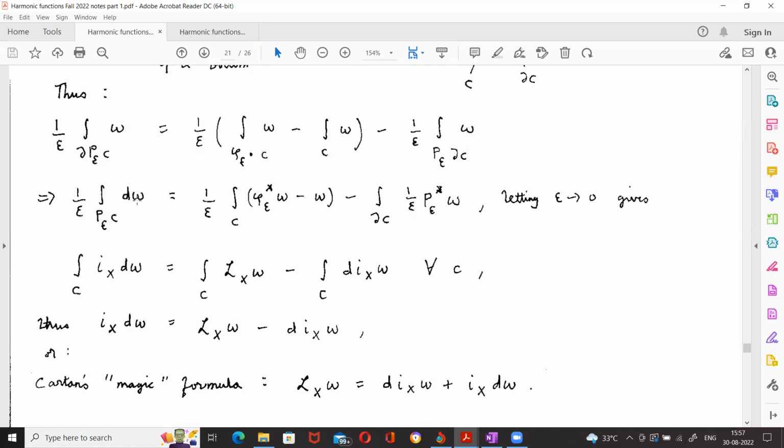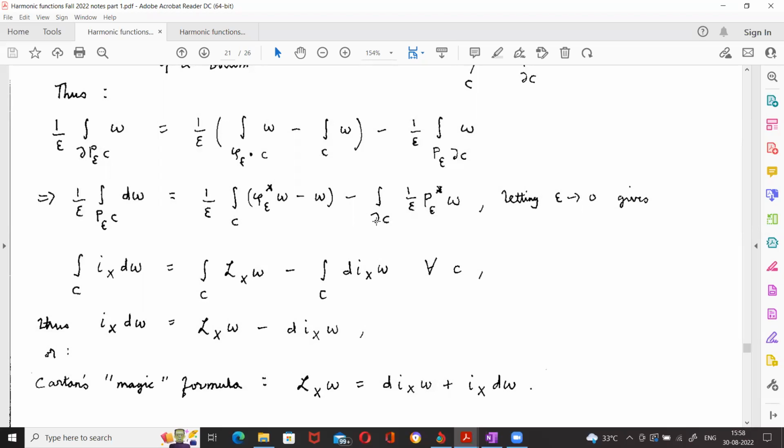And now I just take limits as epsilon goes to 0. This P_epsilon star d omega times 1 over epsilon will converge to the integral over C of I_X d omega. This phi_epsilon star omega minus omega over epsilon converges to L_X omega as epsilon goes to 0.